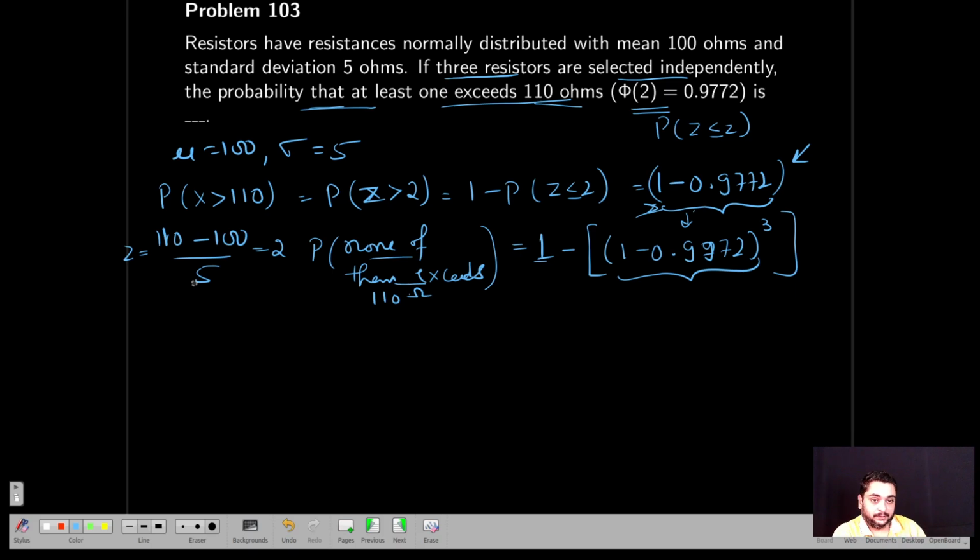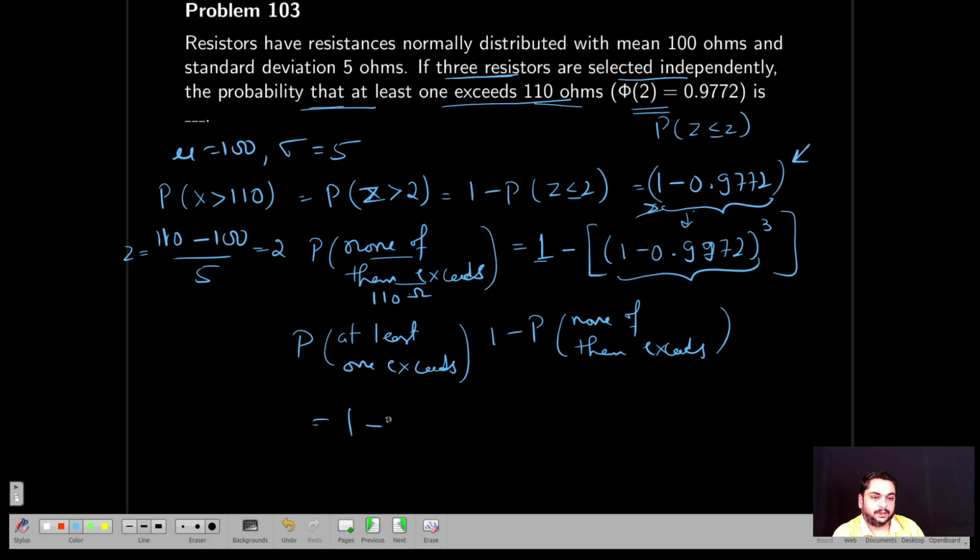Now, at least one exceeds means P of at least one of them exceeds is 1 minus P of none of them exceeds.